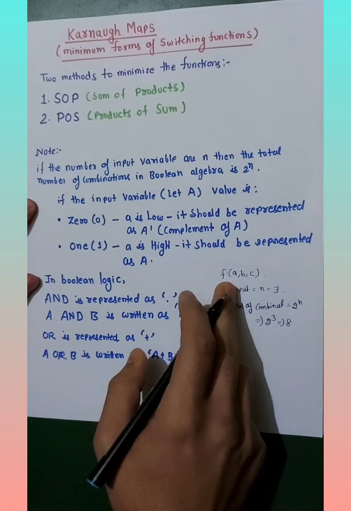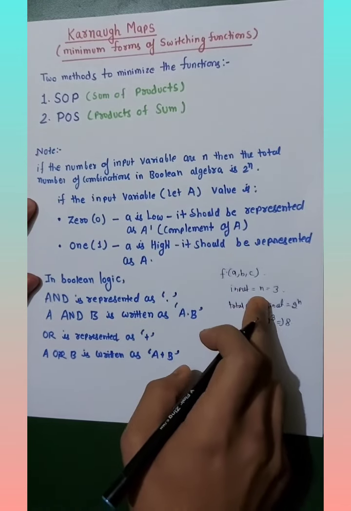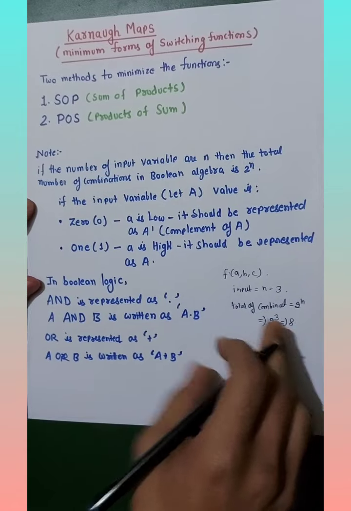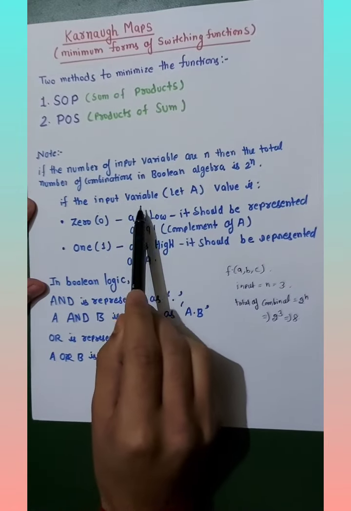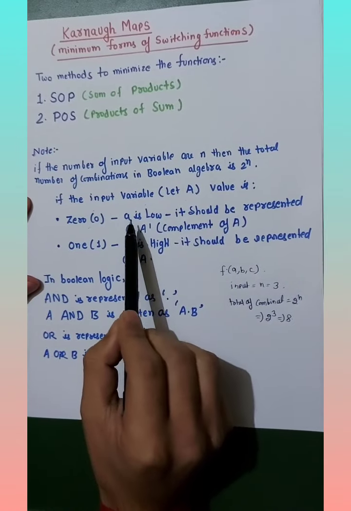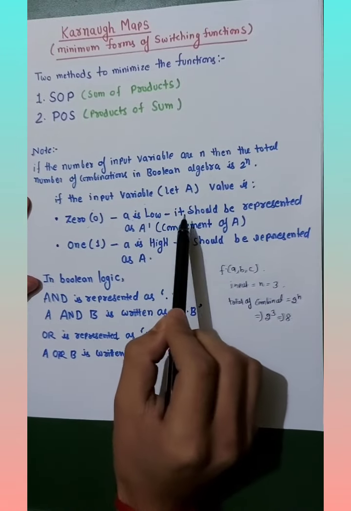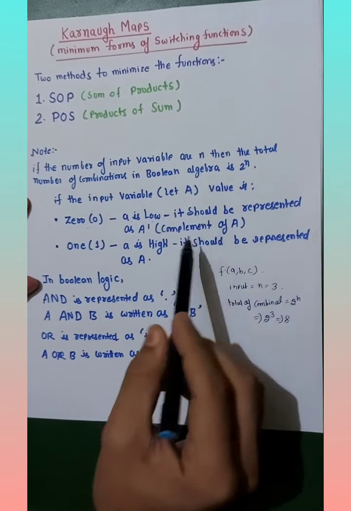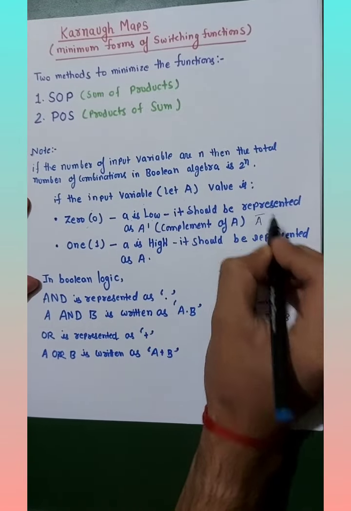We can also go for 4. If a, b, c, d, then n equals 4 and 2 to the power 4, we get 16 combinations. If the input variable a has value 0, we can also say that a is low, and it is represented as a dash or complement of a, or we also say a bar.